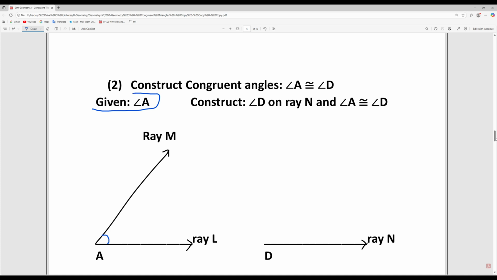Given angle A here, and you want to construct angle D on ray N here, and that's the vertex point D. And you want the measure of angle A congruent to the measure of angle D. So how to do it?